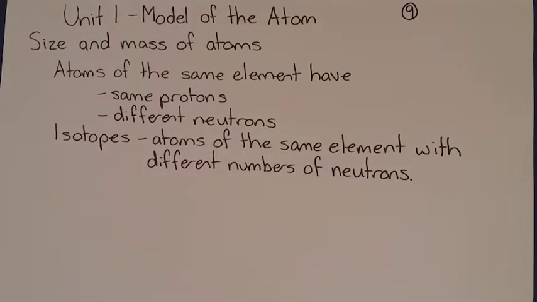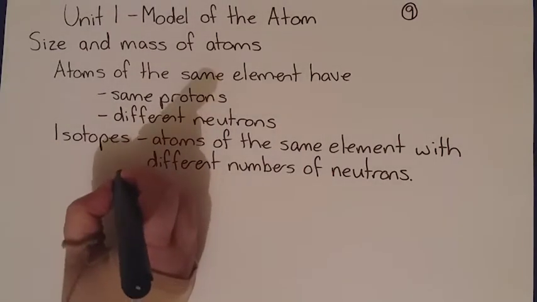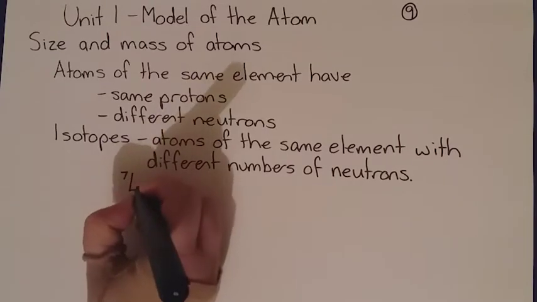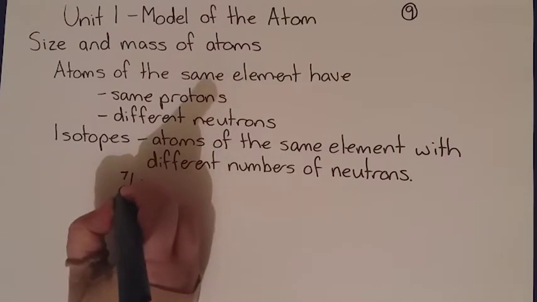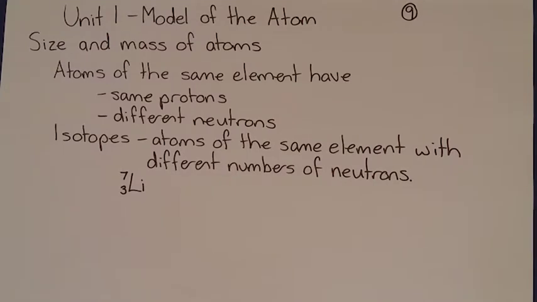If you look on the periodic table, you can see a symbol for an atom. For example, if you look lithium up, you will see this symbol. Now the good news is, on the periodic table, they will give you a key.